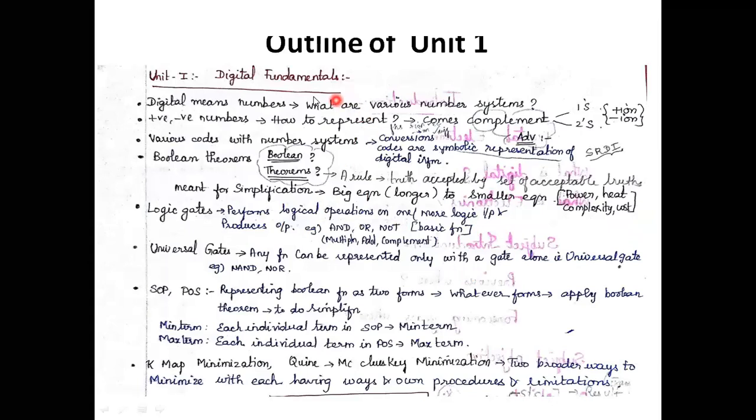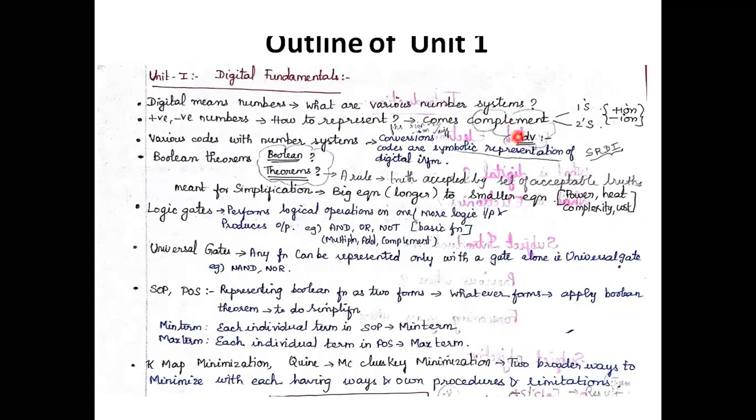Seeing the outline of Unit 1 in an elaborate sense, digital means numbers. So what are the various types of number systems we can have? We'll see that. Then when you want to represent a number, there will be two types of numbers, positive as well as negative. So how to represent the positive as well as the negative number? Hence comes the concept of complement.